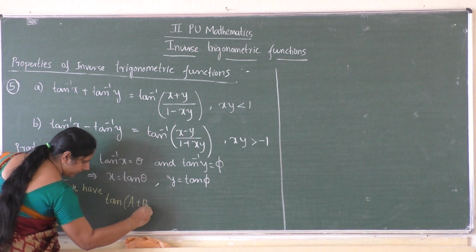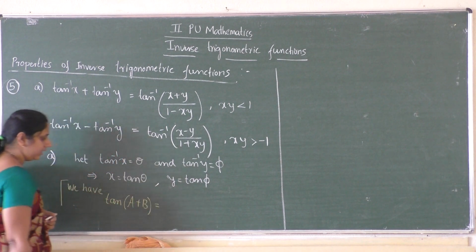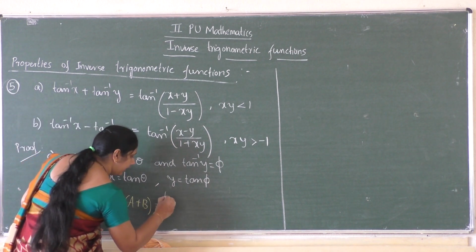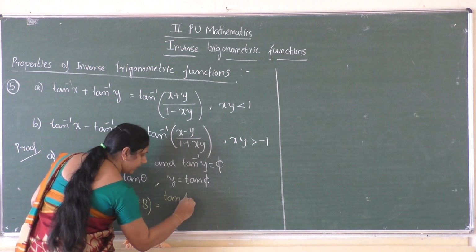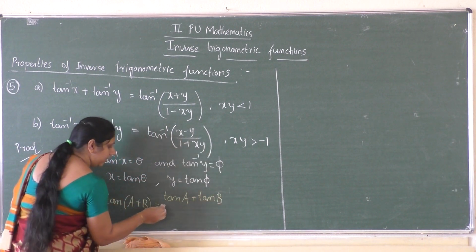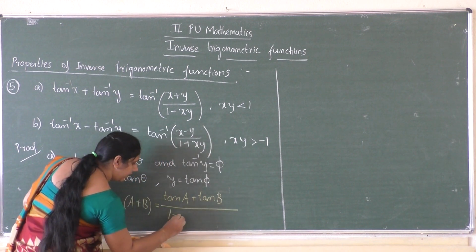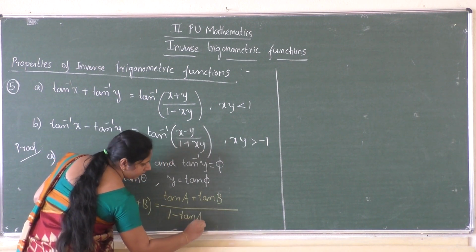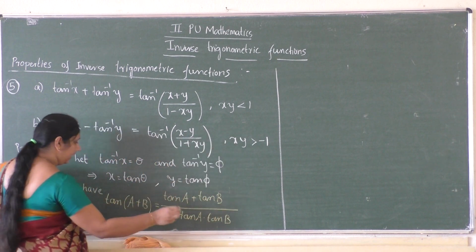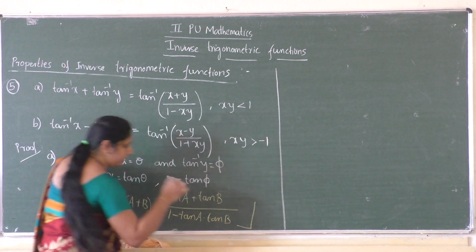tan of a plus b, right? You learned this formula in the first year trigonometry chapter. What is tan of a plus b? It is tan a plus tan b divided by 1 minus tan a into tan b.